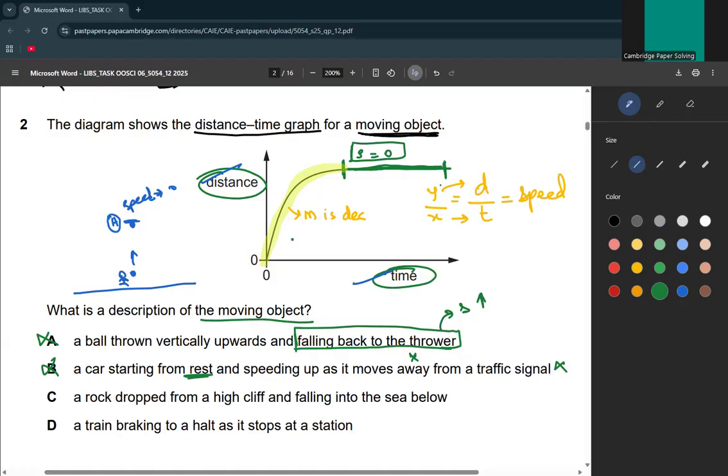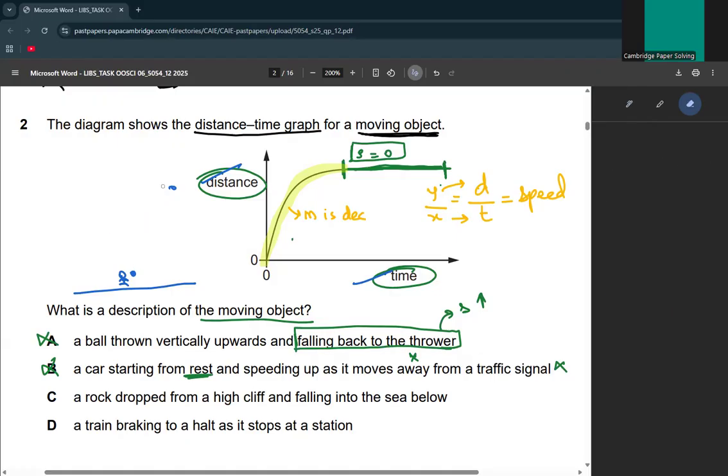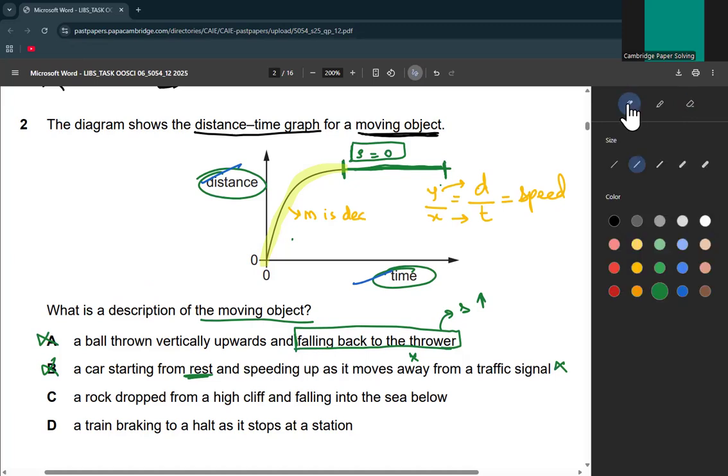Right. A rock dropped from a high cliff falling into the sea below. Let's imagine this. In the sea, the cliff.